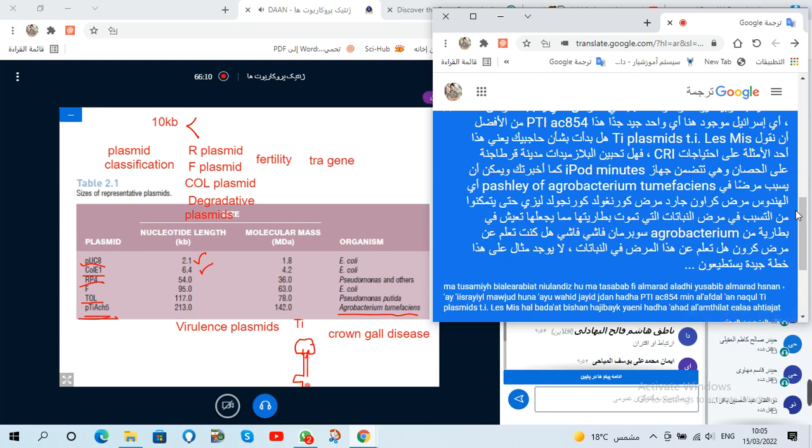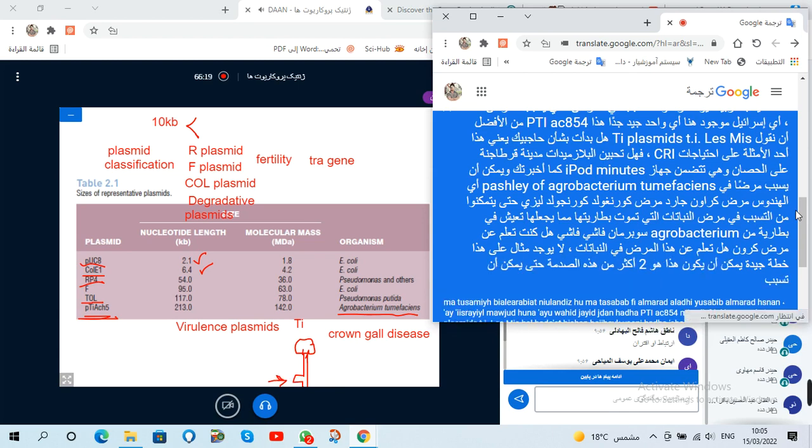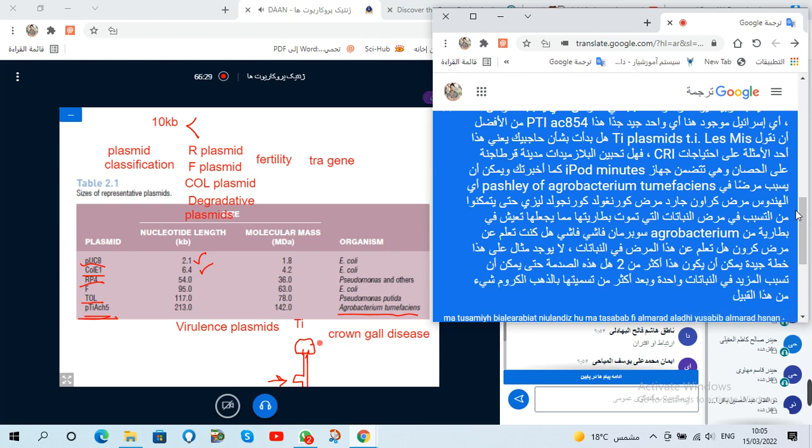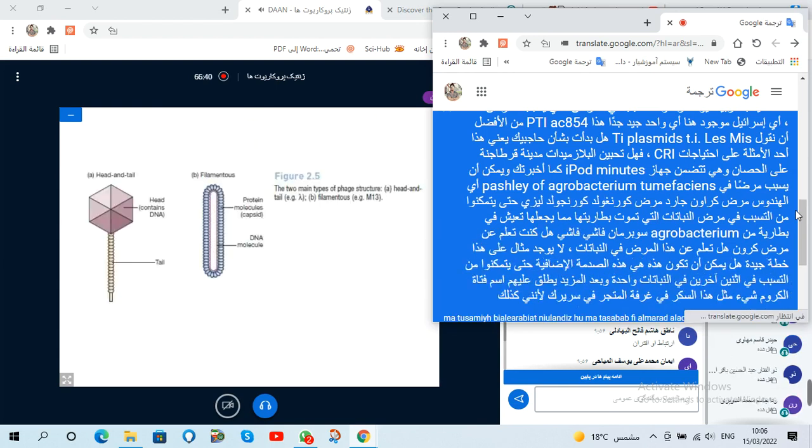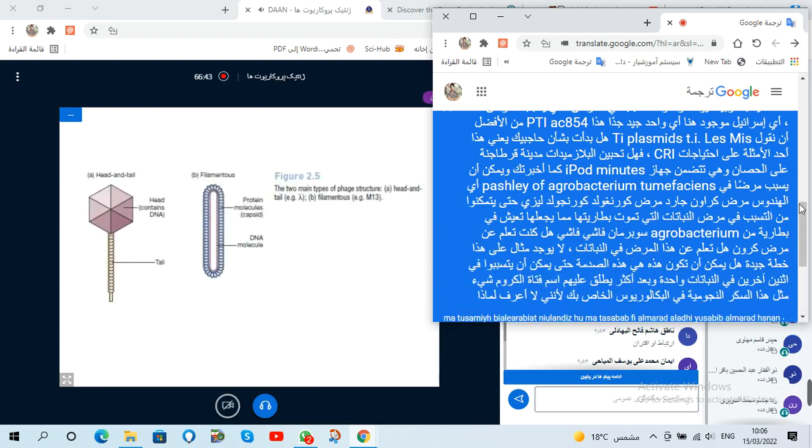This is a tumor. So they can cause one kind of tumor in plants. We call it crown gall disease. You should have studied it in your bachelor degrees. I don't know why you don't.